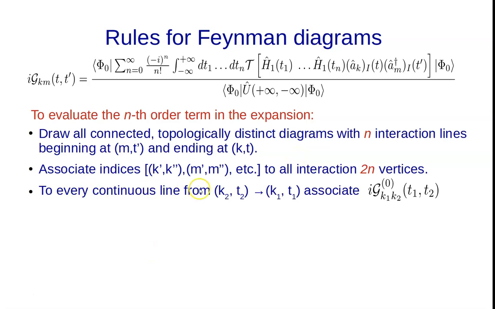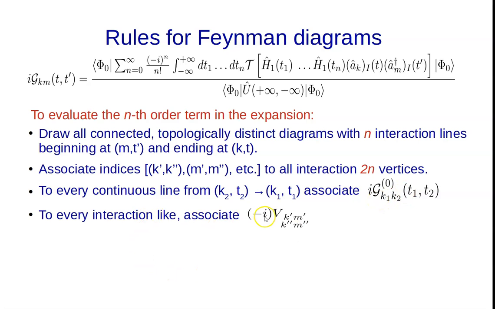Then to every continuous line going from a state and a time, in a given time, notice that if you have n equals 2, you have 2 wavy lines at 2 distinct times, dt1, all right? And then you associate a free propagator, a non-interacting Green's function, going from k2 t2 to k1 at t1.